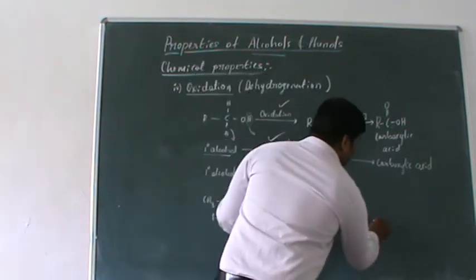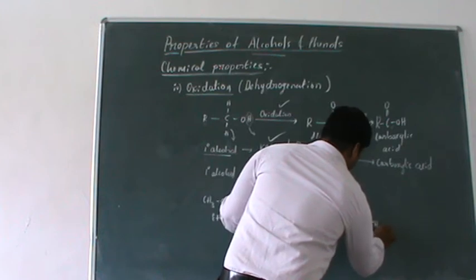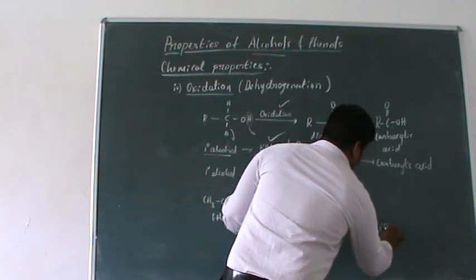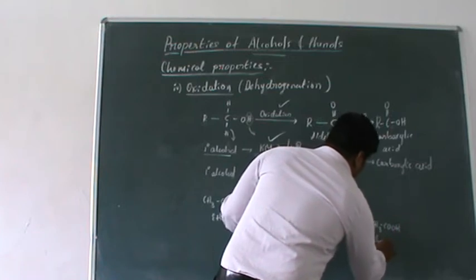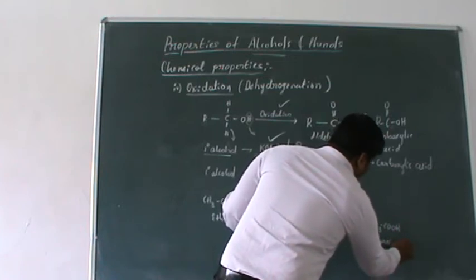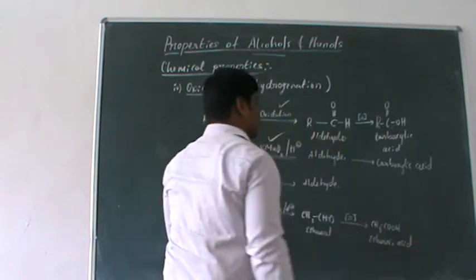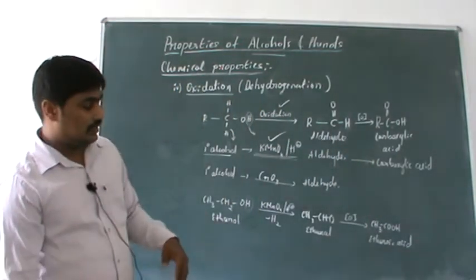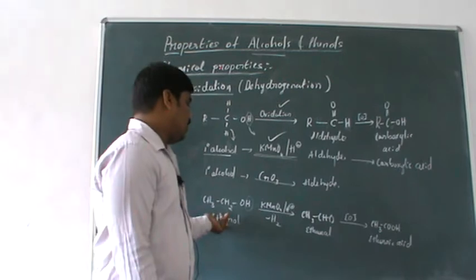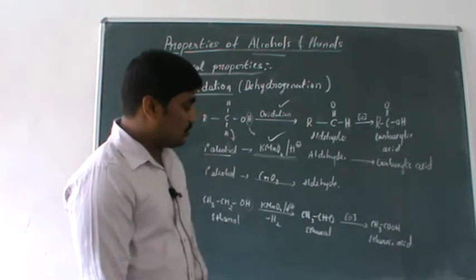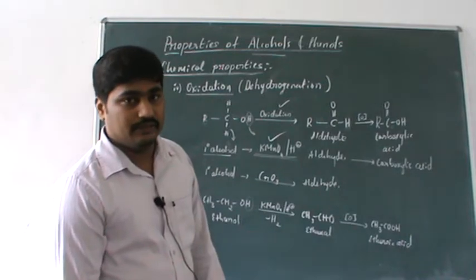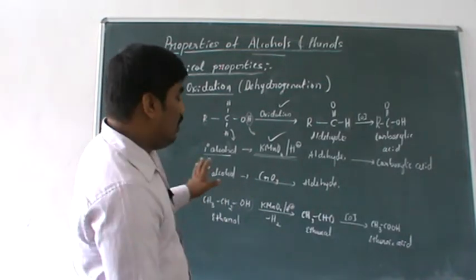And it produces the corresponding carboxylic acid, CH3COOH. Ethanoic acid is produced. Please remember these things, very important. Ethanol gives ethanal, and then it undergoes oxidation to produce ethanoic acid. I think it becomes easy now.